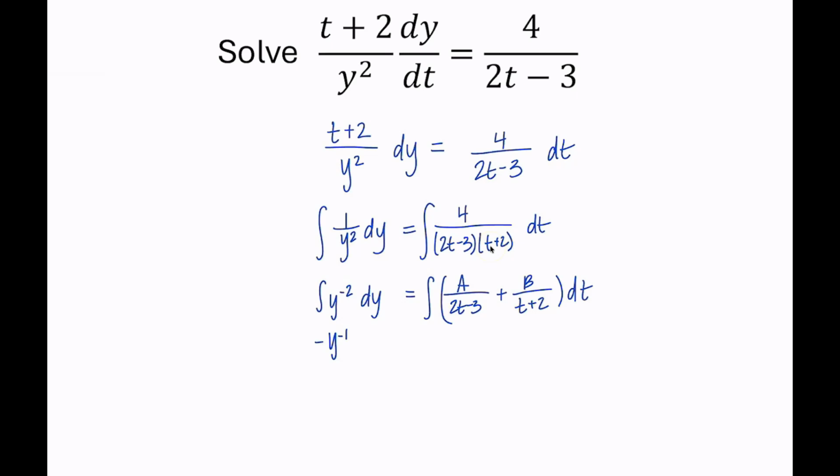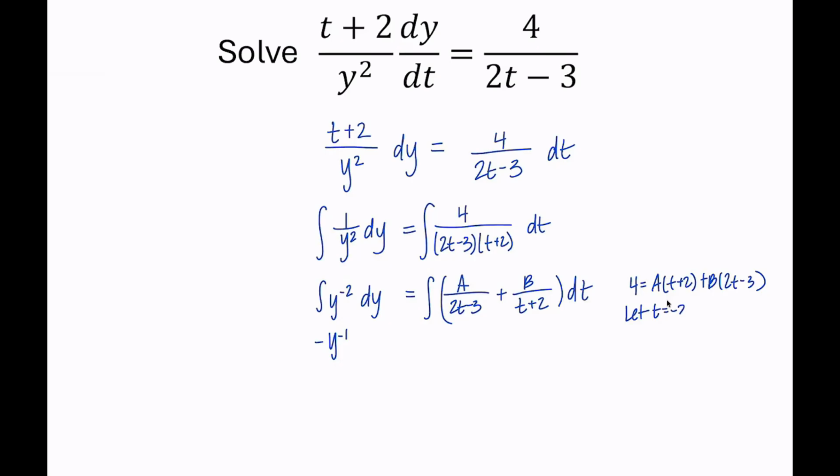So we'll go ahead and say that 4 has to equal a times t plus 2 plus b times 2t minus 3. So the original numerator equals the new numerator found by combining these, or just cross multiplying is the shortcut.